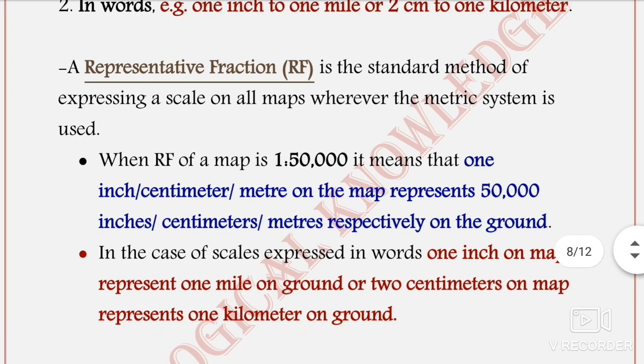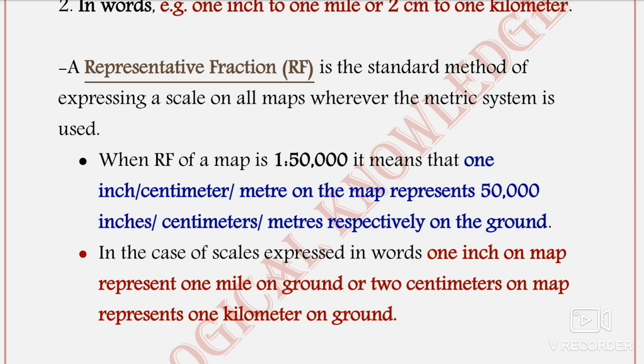The representative factor, better known as the RF factor, is the standard method of expressing a scale on all maps wherever the metric system is used. What is the meaning of 1 is to 50,000?